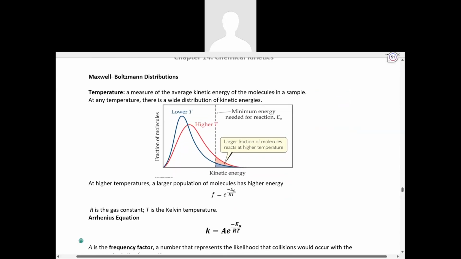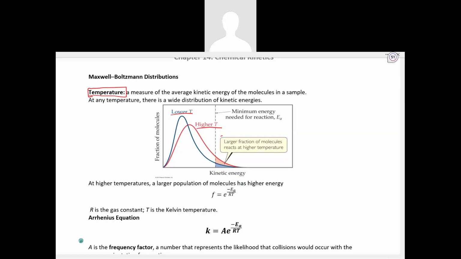So we can also look at something called the Maxwell-Boltzmann distributions. They show us the area below the curve represents the number of molecules in a sample. So depending on temperature, we see two different curves here. We see the blue curve at a lower temperature, and then the red curve, a higher temperature here.